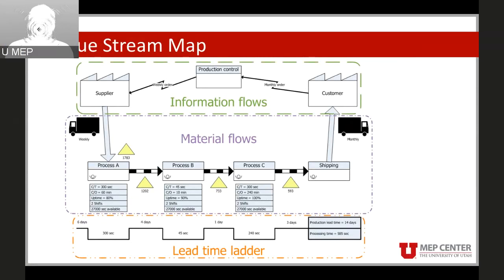The triangles are queue stations or material buildup. You also have cycle time or uptime, which are very common pieces of data, and personnel, so the number of people related to process A, process B, process C. Typically we don't involve too many symbols or nomenclature, so that we can keep it generic and easy to understand.